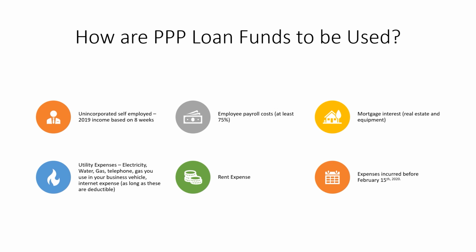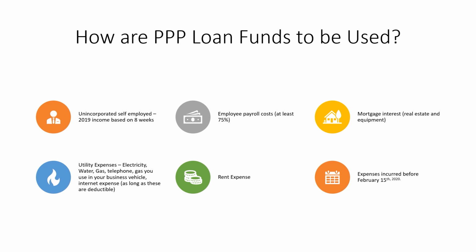So how can the PPP loan funds be used? So the unincorporated sole proprietor, they will take the 8-week average of their 2019 income and use that amount for the loan forgiveness. They will also add, if they have employees, the employee payroll costs.